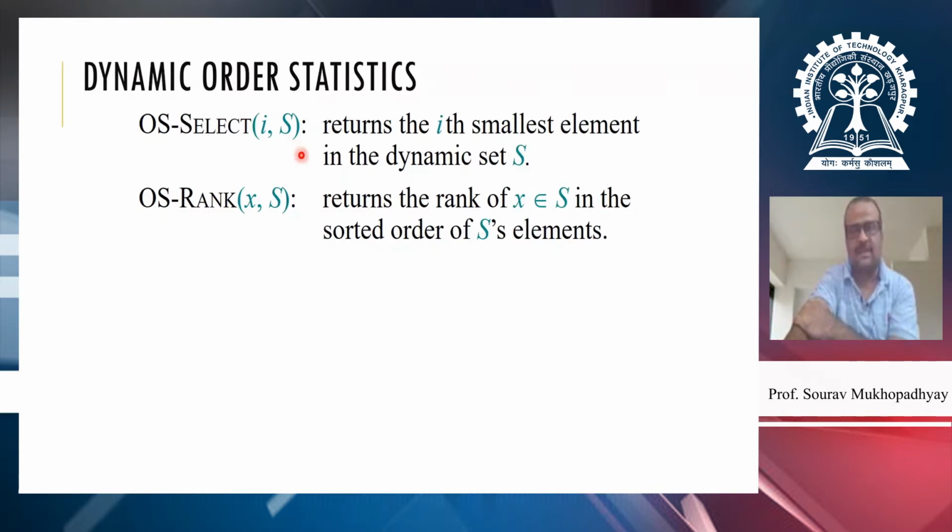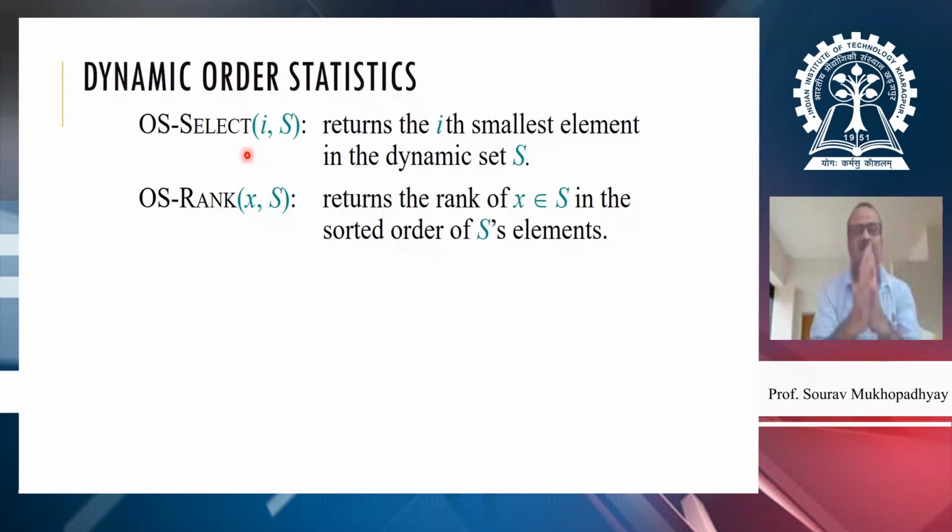That is a dynamic set. So we have to think of a data structure which can help us with this dynamic set S, and which should be able to perform operations like getting the ith smallest element.